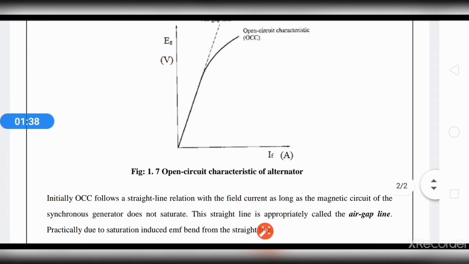It is drawn between the terminal voltage or generated EMF and field current. Since the generated voltage is equal to the terminal voltage, we can draw both voltages with respect to the field current.